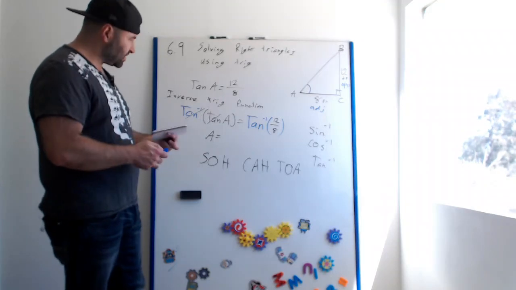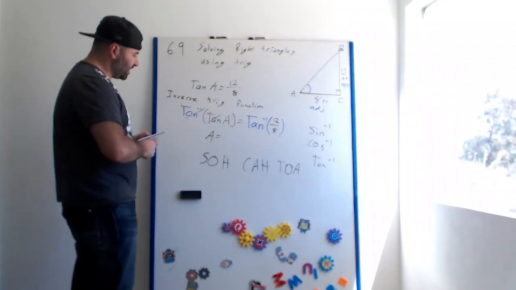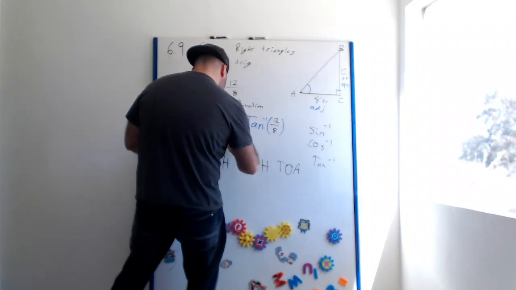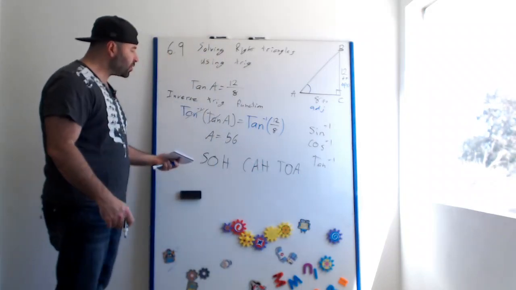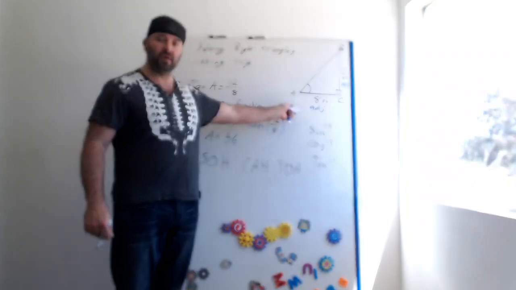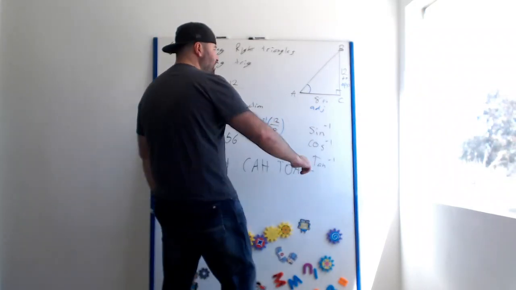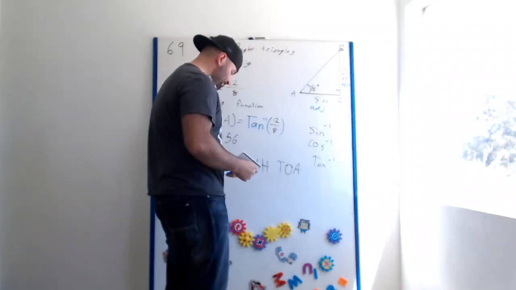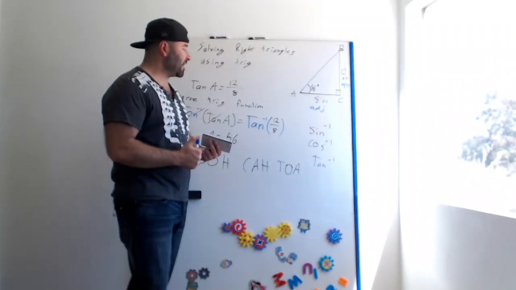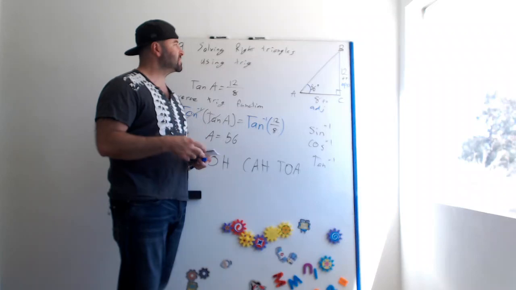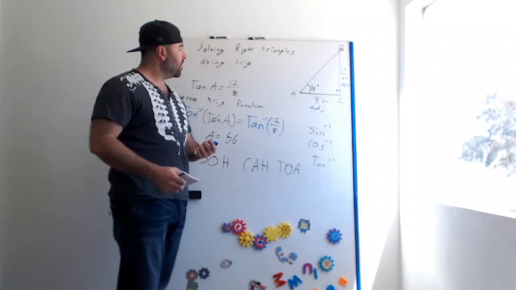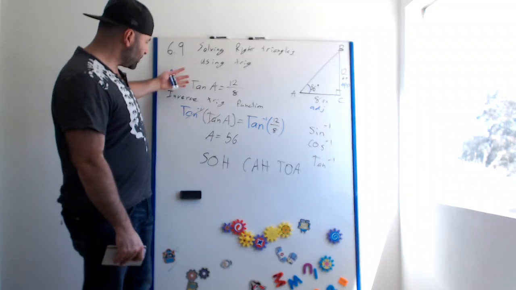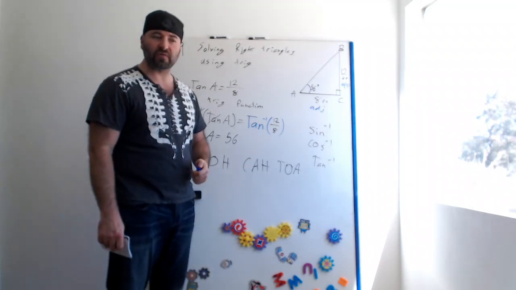In this case, your A value becomes 56. So now we know the measure of this angle over here. We know that this angle measure is 56 degrees. Now in order to find B, there's two options. One option is to go through this process all over again.